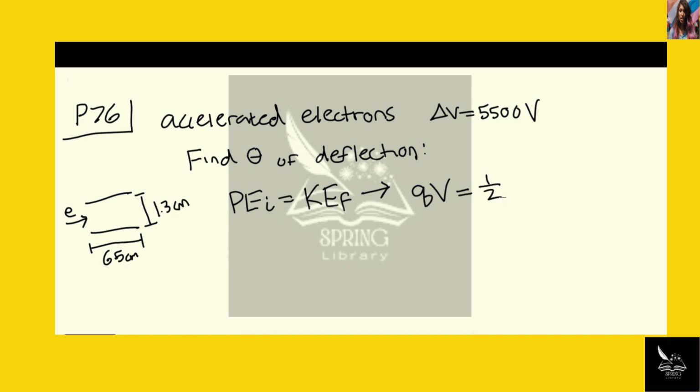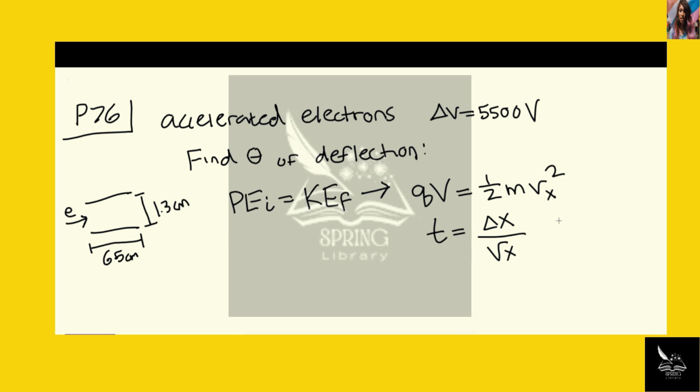We can set that equal to its kinetic energy in the x direction. And from there, we also know that the time it passes through the plates is simply equal to the delta x, the distance of the plate, over the x velocity of the electron.